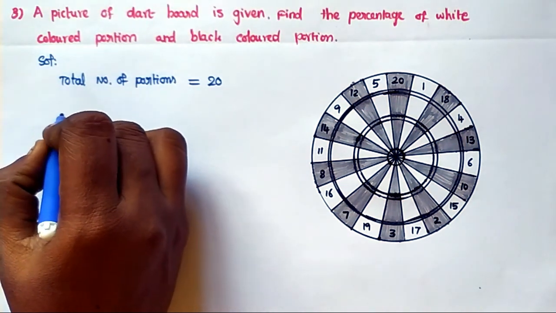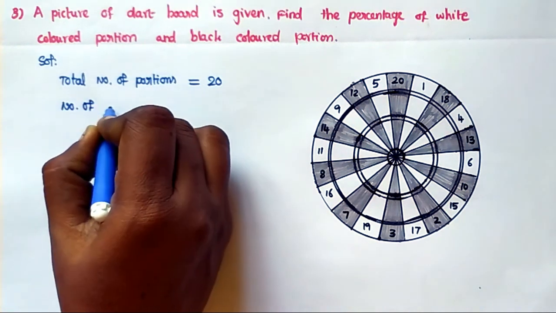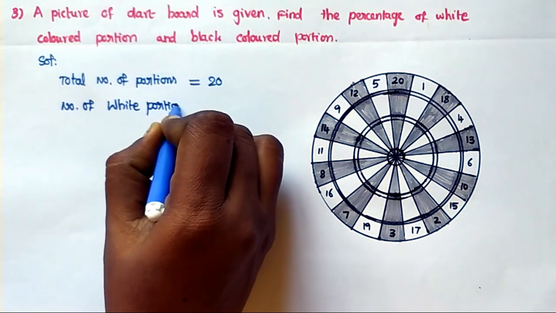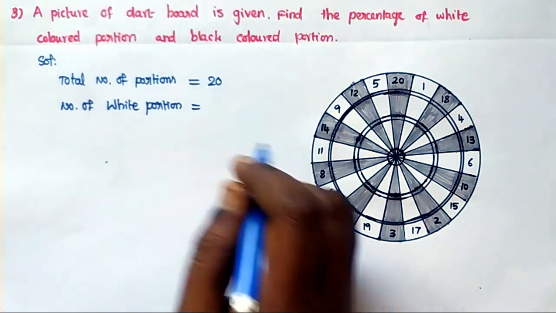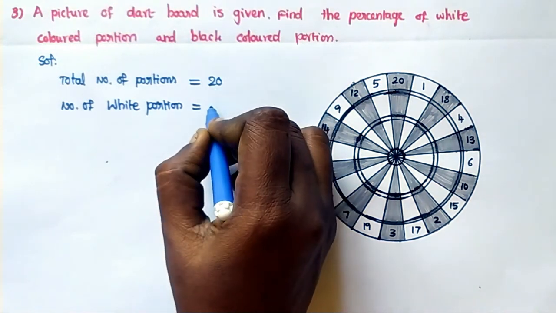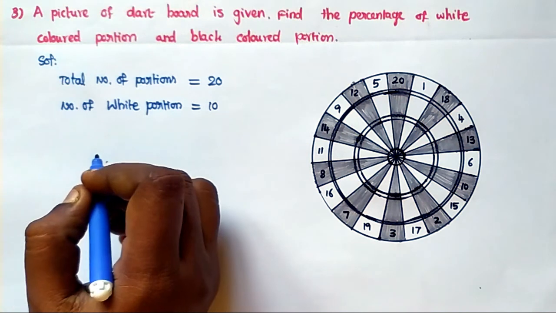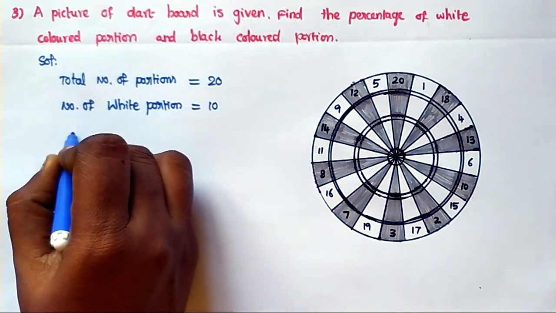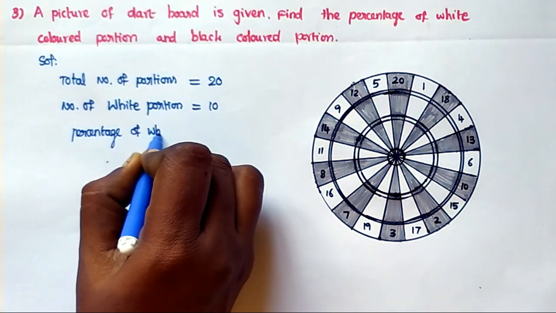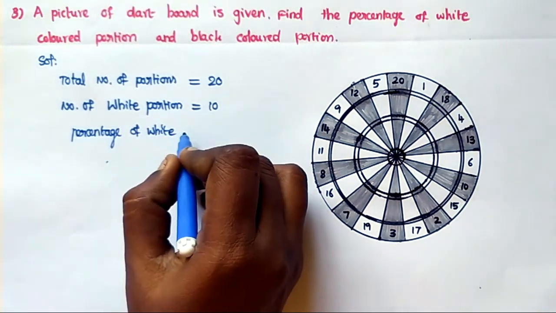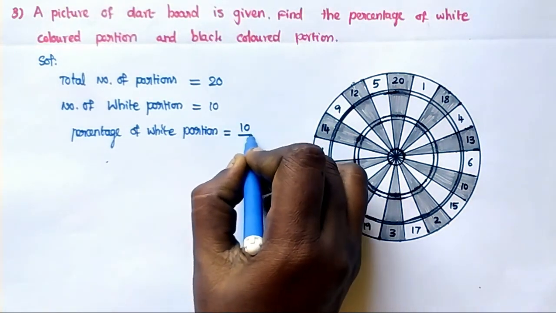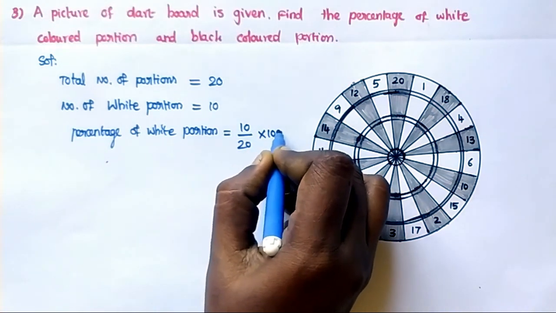Now first one, number of white portions is equal to half of that. So half of 20 is 10, that is white portion. So percentage of white portion is equal to 10 by 20 into 100.